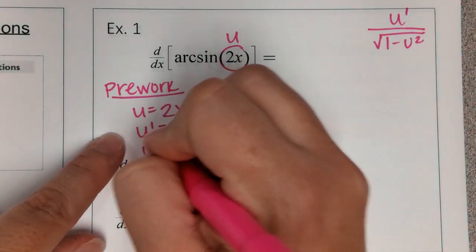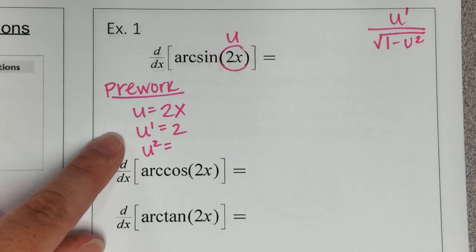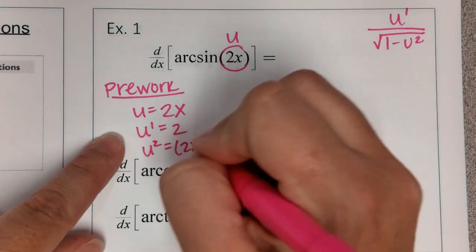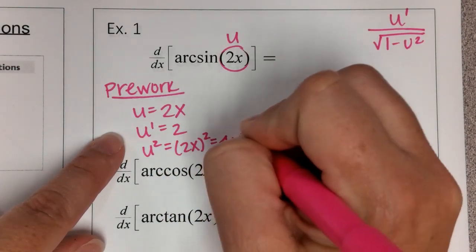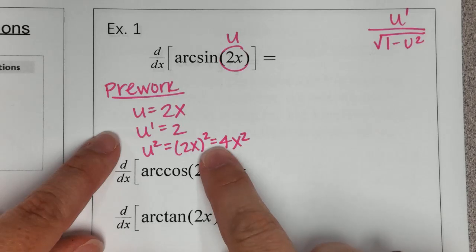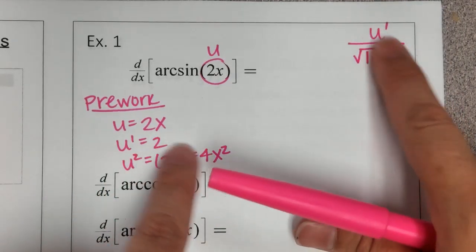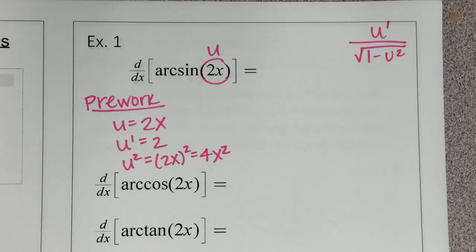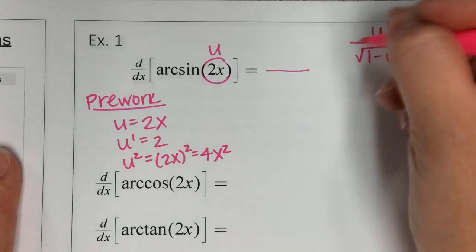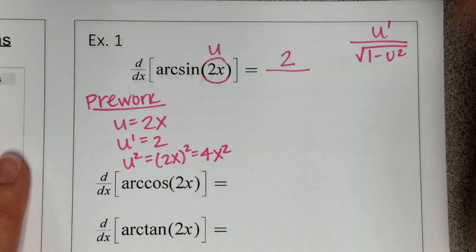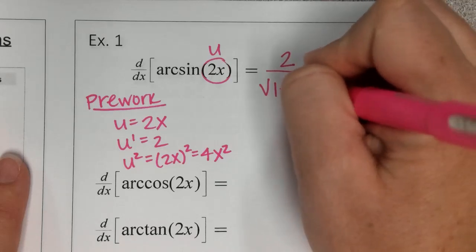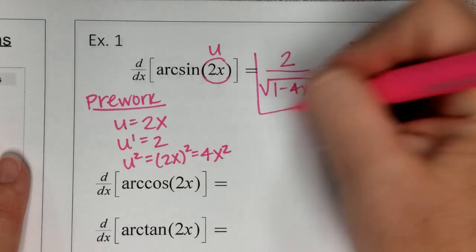What is u squared? Well, 2x quantity squared would equal 4x squared. Once you've done this, you're just going to plug that in here, and that's it. So my answer is 2 over the square root of 1 minus 4x squared.